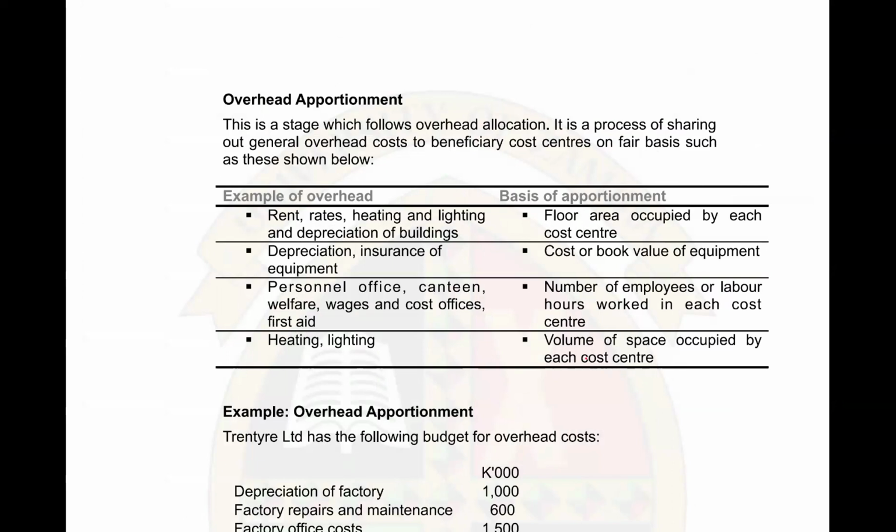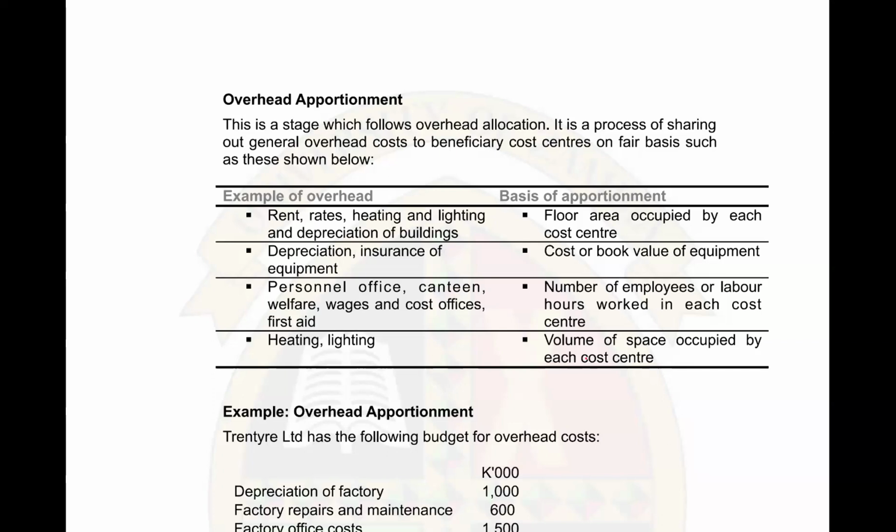Actually, the thrust of this thing that we are doing now. Listen carefully, because if you don't get the basis of apportionment, then you're most likely not to get the whole question, the first part of the question. This is where it is. When you're doing the apportionment, which is the process of sharing this general overhead cost to the beneficiary cost centers, you need to use some basis of apportionment.